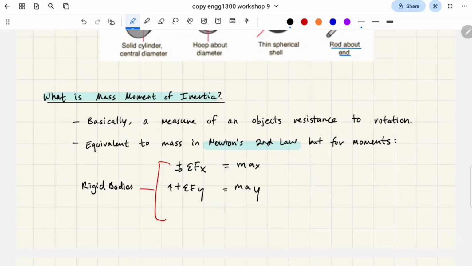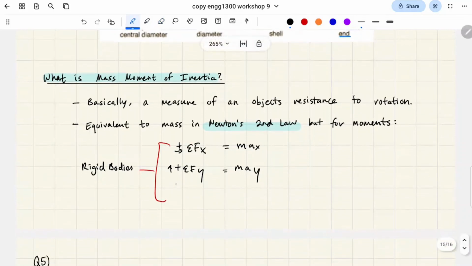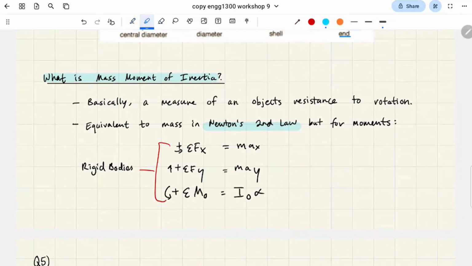Like we said, rigid bodies still have translation, the Newtonian forces which you calculate, but they also have rotation, and that's where IO slots in.